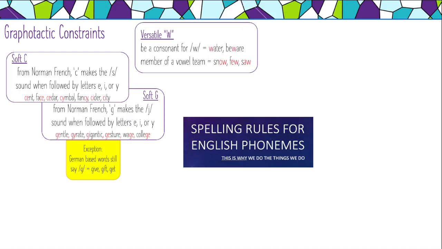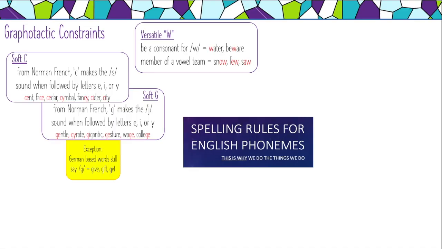Then we've got this wonderful versatile W. Now, W, it's very vowel-like. Remember, it's a glide. And so we're going to start with that W, and it's going to want to go right into a vowel sound, which means it can't be at the end because that W needs to be in the middle or the beginning.